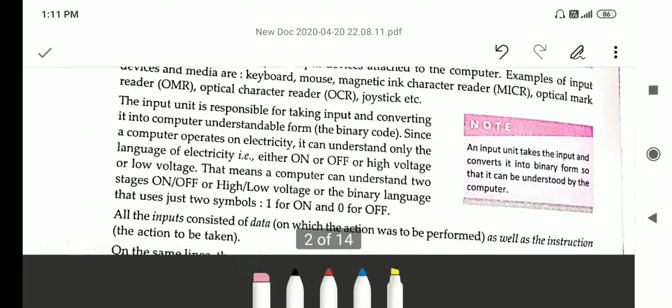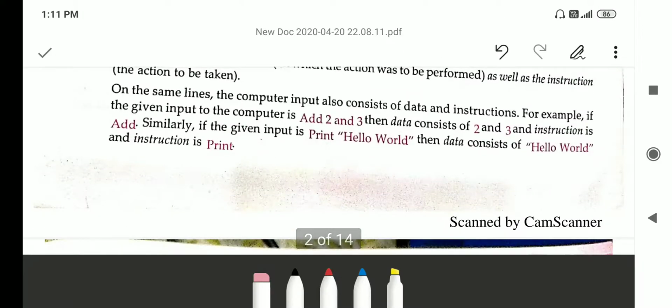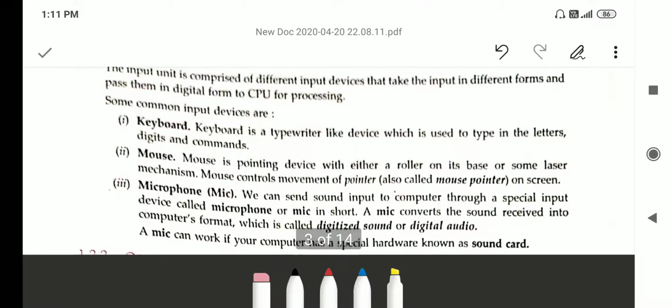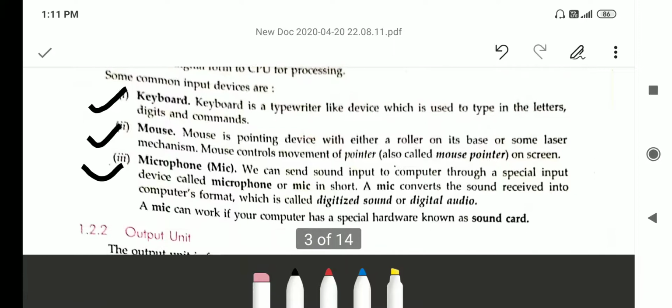Now the second thing, some common input devices are also present. For example, you can see here keyboard, mouse and microphone. You know these things. Keyboard means we can give typed text. Mouse means we can give instructions.